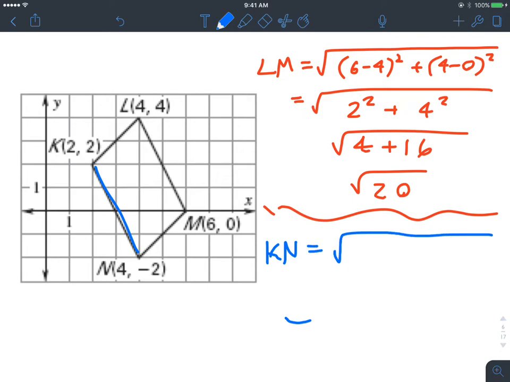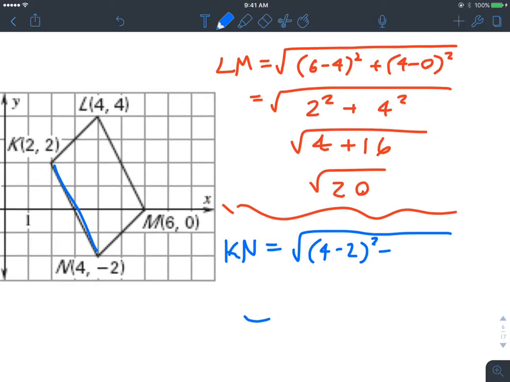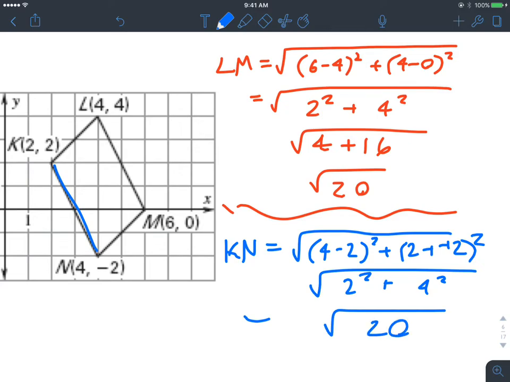So here you would go 4 minus 2 squared, plus 2 minus negative 2, which should be plus 2 squared. So notice you're still going to get 2 squared plus 4 squared, which gives you 20. That's verifying that those two sides are congruent.